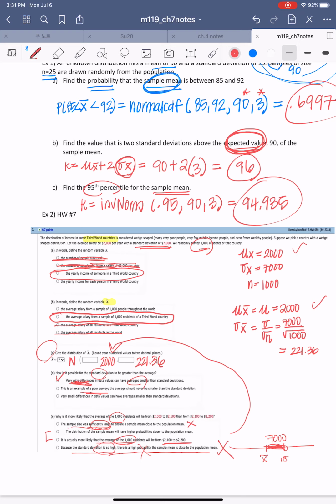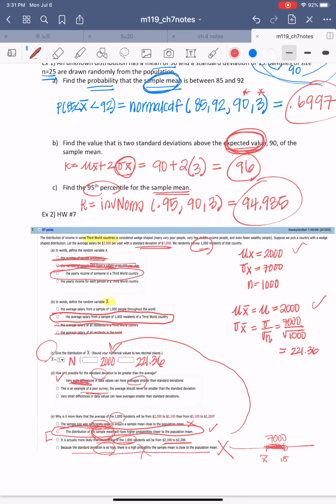So the best one will be the second one. The distribution of the sample mean will have a higher probability closer to the population mean. That was the fact, right? Sample mean, right? Our sample mean, with a large enough sample, keeps switching to a normal distribution.